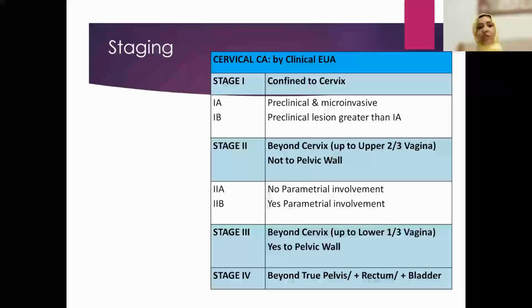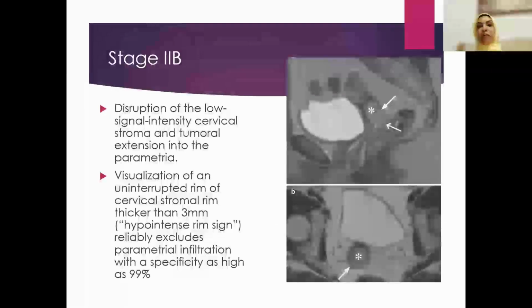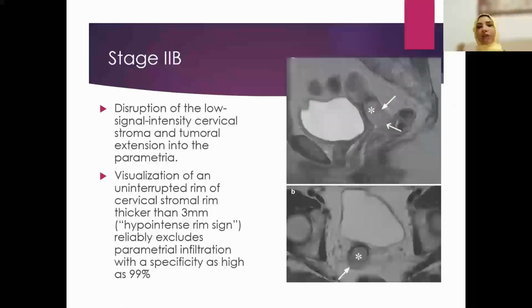That's the staging of the cervical cancer. And of course, stage 2B means there is parametrial involvement. It's important in the therapy. Again, a tumor invading the outer zone of the cervix towards the parametrium.